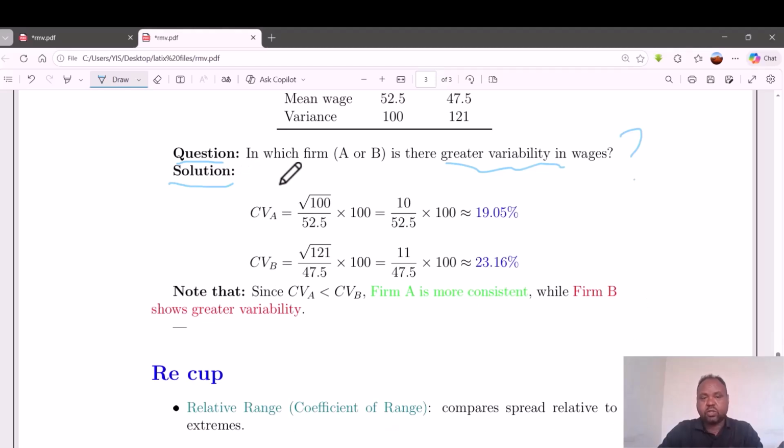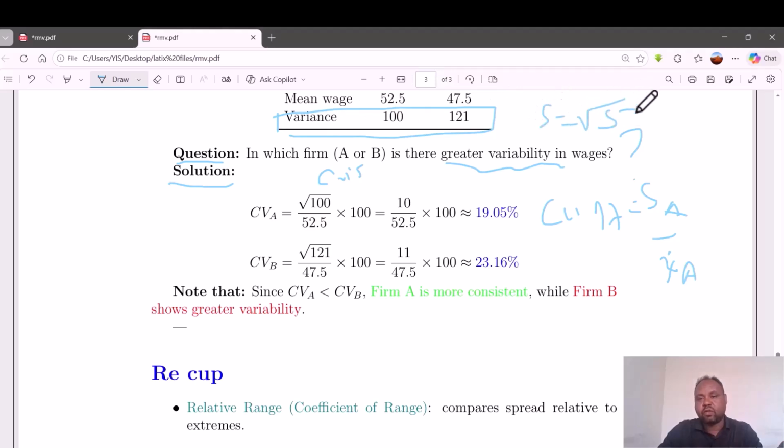To answer this question, we make use of CVs. We calculate the CV value for each firm. CV for firm A is S_A over the arithmetic mean for firm A. The variance is given in our summary table, so we change it into standard deviation by taking the square root of S squared.